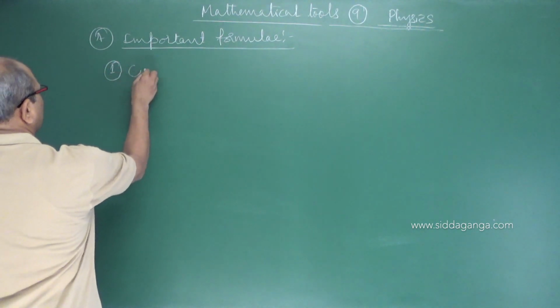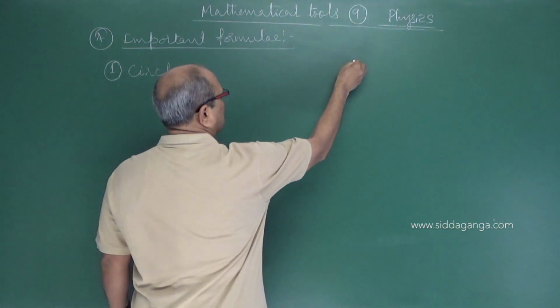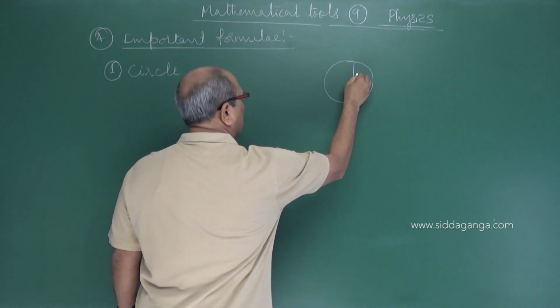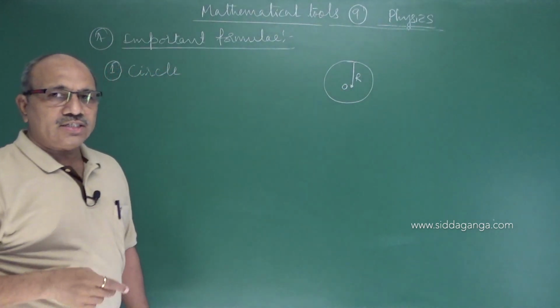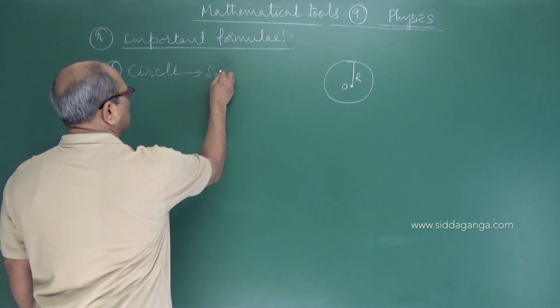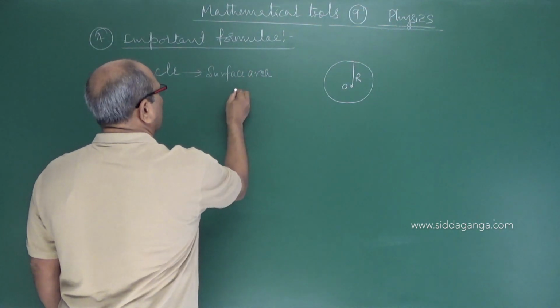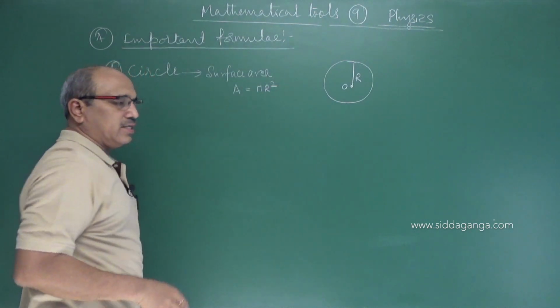If we have a circle, as it is a 2-dimensional body, a circle is a shape having equal distance from the center. You know the radius is r. With this we measure 2 things. One, the surface area, can be measured as pi r square if you know the radius.